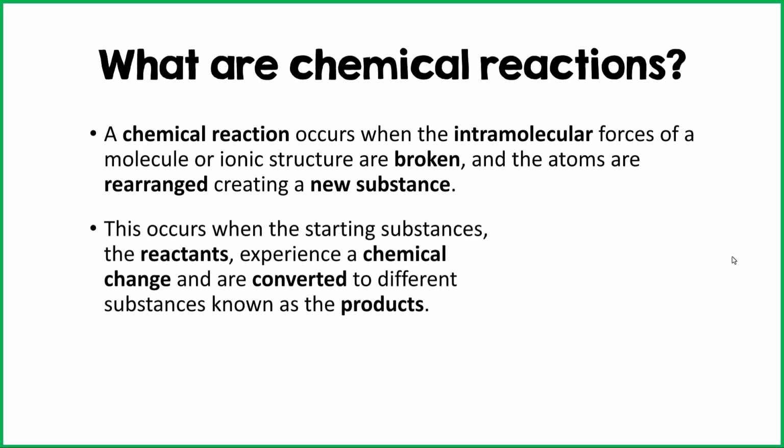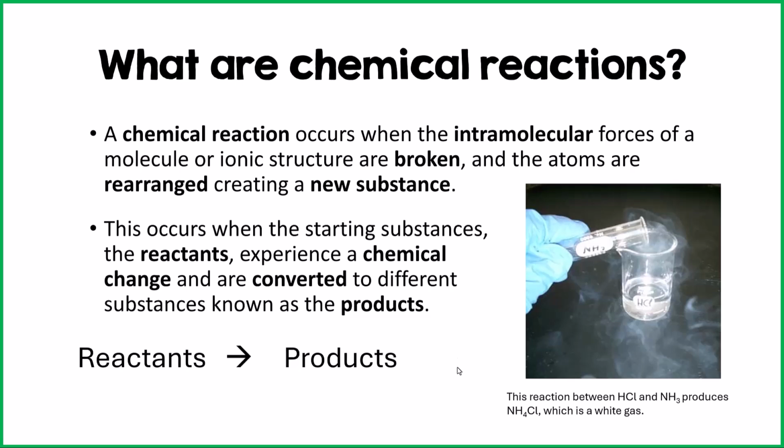This occurs when the starting substances, which we call the reactants, experience a chemical change and are converted to different substances known as products. So we start with reactants at the beginning of the chemical reaction, and after those atoms are rearranged into different compounds and different substances, we call those substances that result products.